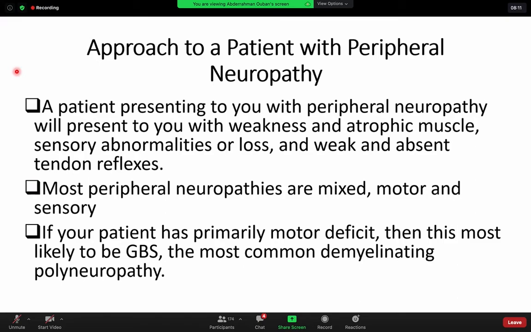For example, if you have only a motor presentation in a patient who's presenting with peripheral neuropathy, think about GBS, Guillain-Barré syndrome, which is the most common demyelinating polyneuropathy. Something to keep in mind, and it's very important to keep that diagnosis on top of your list, especially if you have a patient who's presenting primarily with a motor deficit.